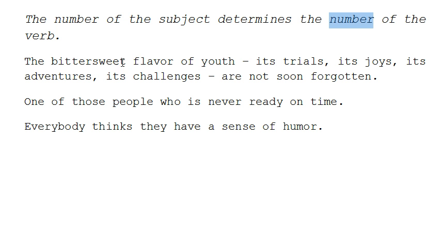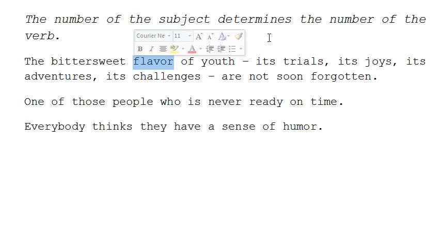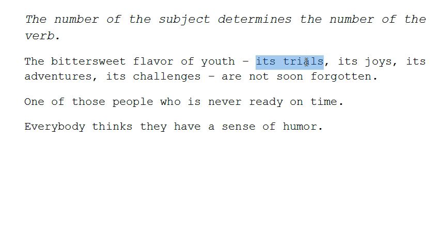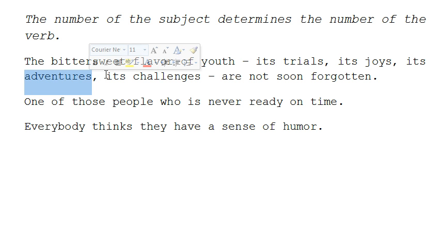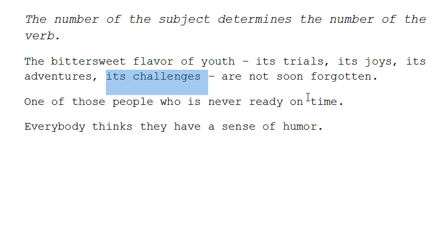Now here we have an example. The subject here is the bittersweet flavor of youth. Of course, the noun is flavor, and flavor is singular. However, as the sentence progresses with a tangent set off by dashes, we see other nouns such as trials, joys, adventures, challenges.